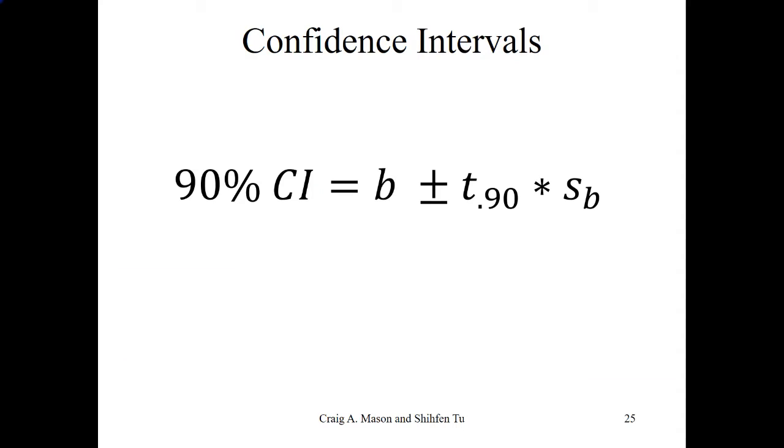For the 90% confidence interval, all you do is replace the t-score that bounds 95% of the distribution with the t-score that bounds 90% of the distribution. For the 99% confidence interval, all you do is use the t-score that bounds 99% of the distribution. And of course, always base those t-scores on the distribution with the correct degrees of freedom.